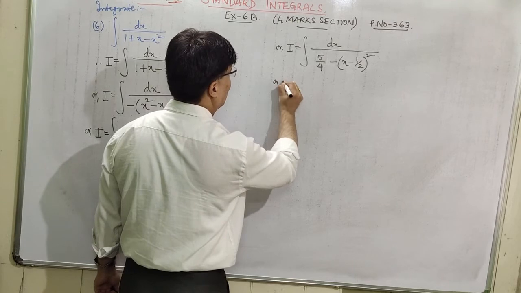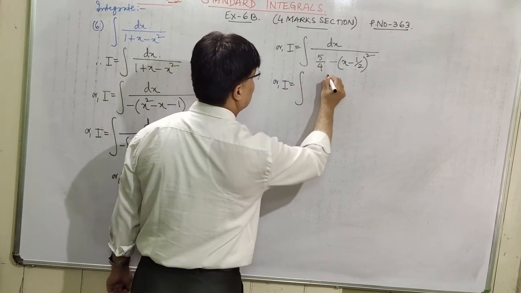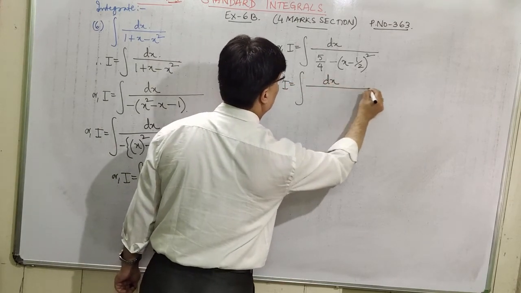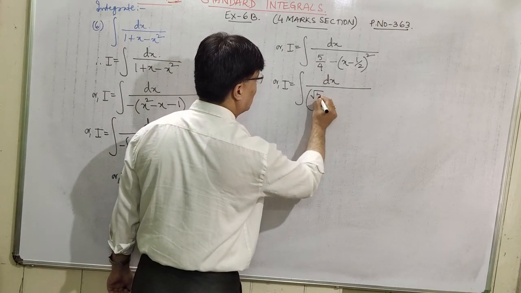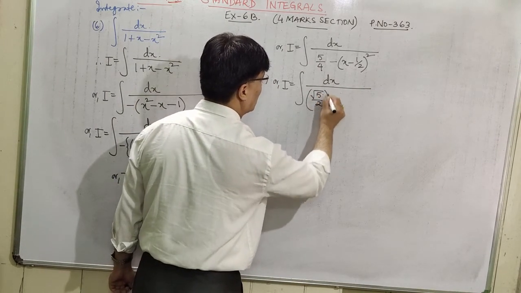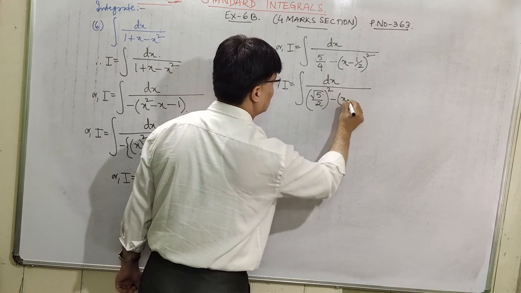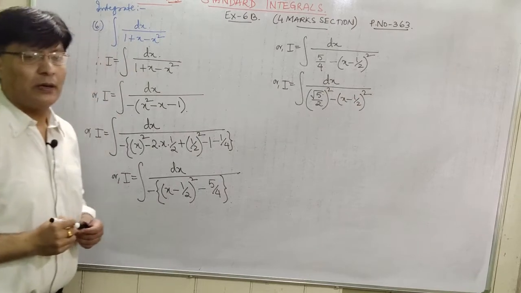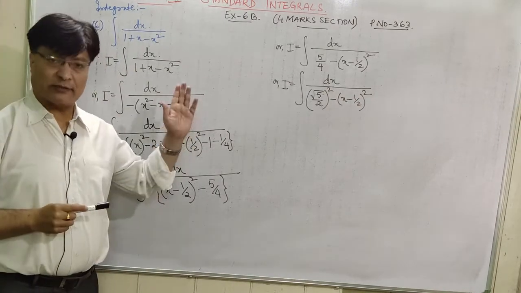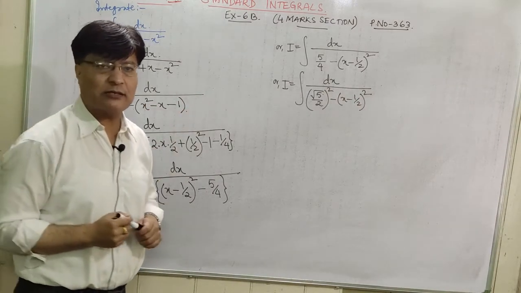So I is equal to integration of dx divided by, how will you write this 5/4 in terms of a whole square? It is root 5 upon 2 whole square minus x minus half whole square. Now this is your standard integral. Which standard integral is this one?